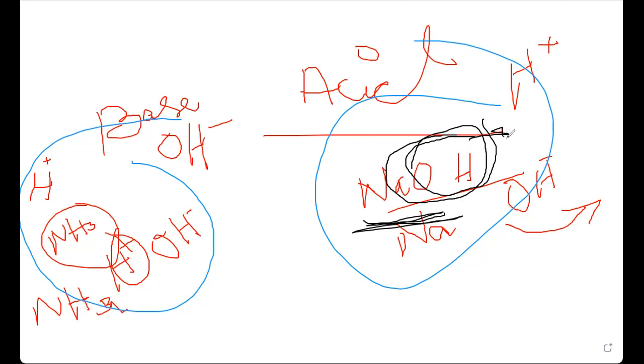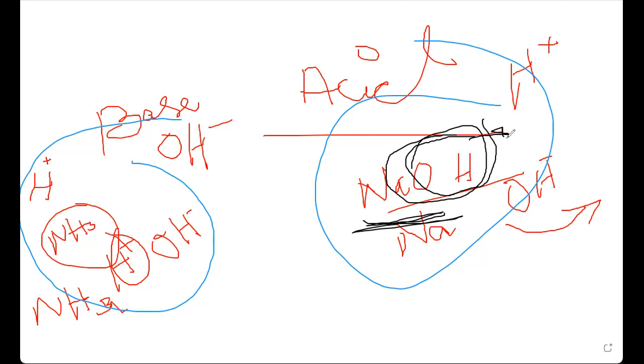So you can say that a base is something which gives OH ion to the water. See, sodium hydroxide is a base because it is donating hydroxide ion to the water. Ammonia, NH3, is a base because it is accepting H plus ion from the water. For the bases, we have two things now.